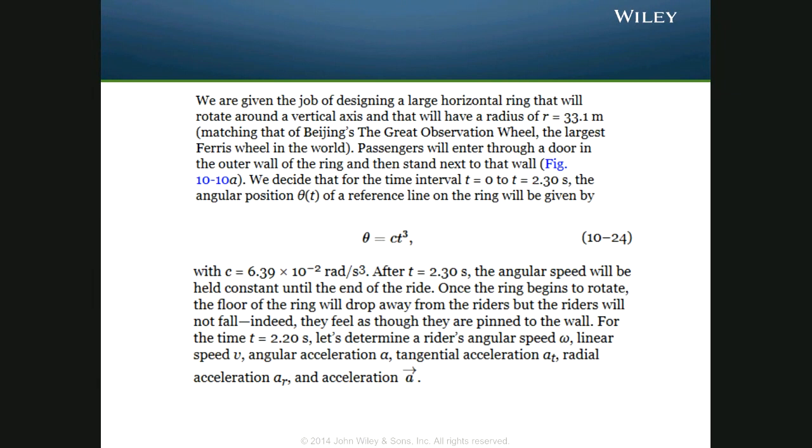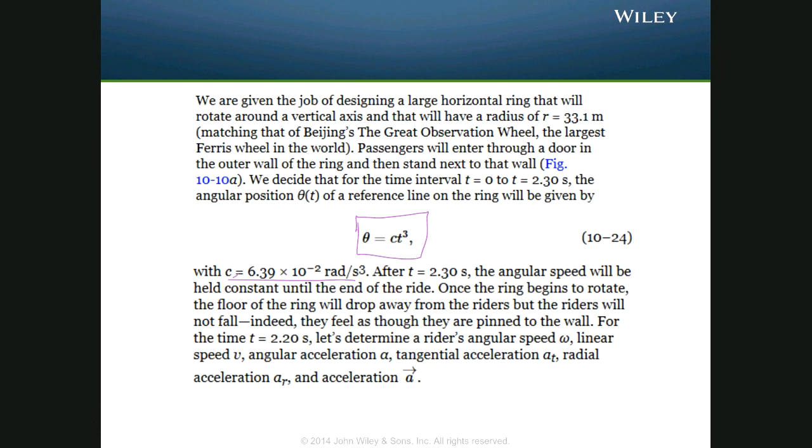We decide that for a time interval of t equals 0 to 2.3 seconds, the angular position of a reference line on the ring will be given by theta equals c t cubed, right? So we know theta, where c is given as this constant. So we have c.